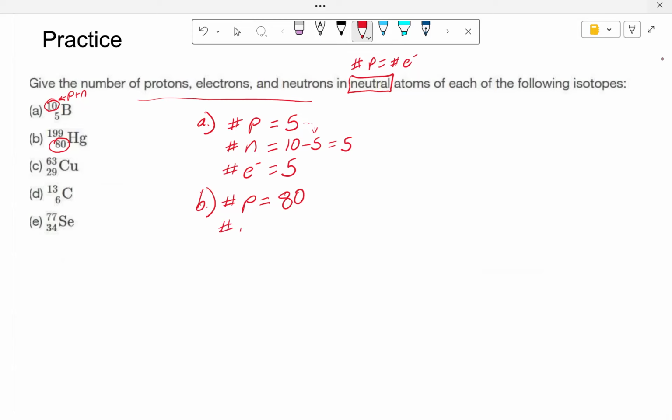Now I can find the number of neutrons by taking the mass number, the one in the upper left corner, subtracting the number of protons, and that gives me the neutrons. And then the number of electrons, I'm assuming it's a neutral atom, that's what the problem tells me. So the number of electrons is equal to the number of protons.